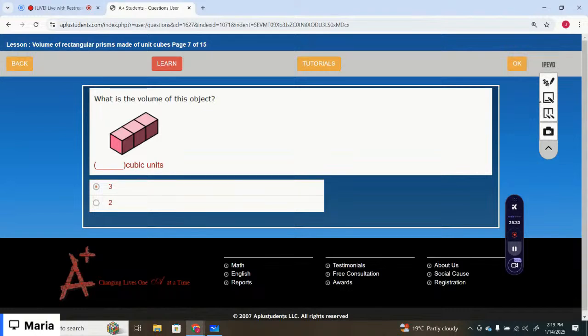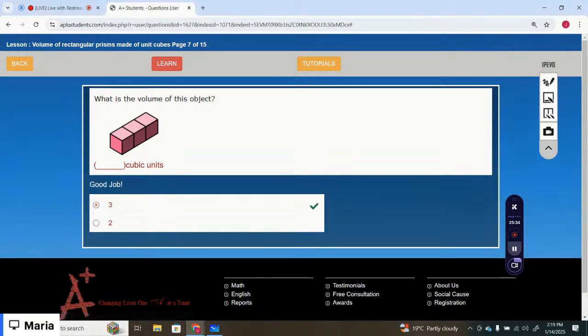The correct option is 3 cubic units. Option number one is the correct option.